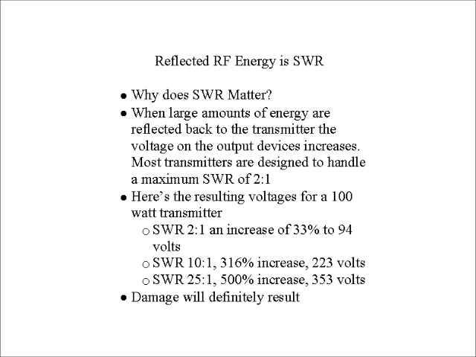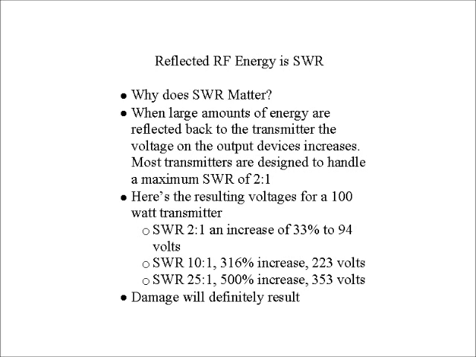And so here's an example of what happens. If you have an SWR of 2 to 1, now this is a 100-watt transmitter, the output voltage of that transmitter rises 33% to 94 volts. 100 watts, if you do the math, it's 70.7 volts on the output. If the SWR gets to 10 to 1, now you have 223 volts on those output transistors.